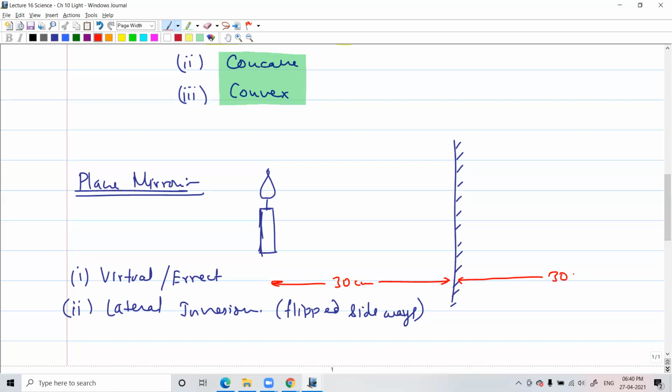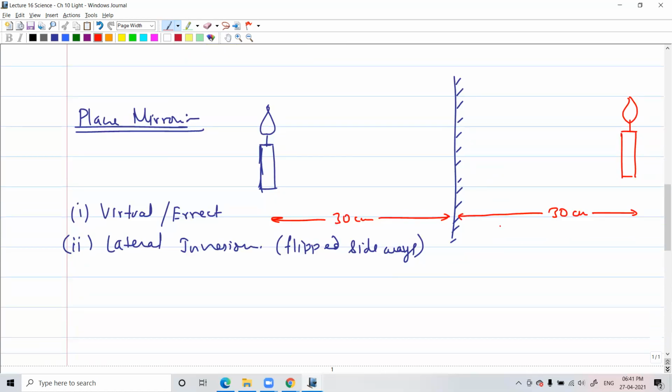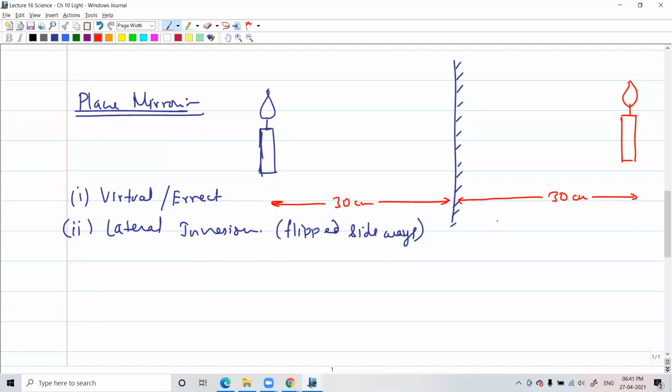Exactly the same distance behind the mirror. Image of the object is exactly at the same distance behind the mirror.